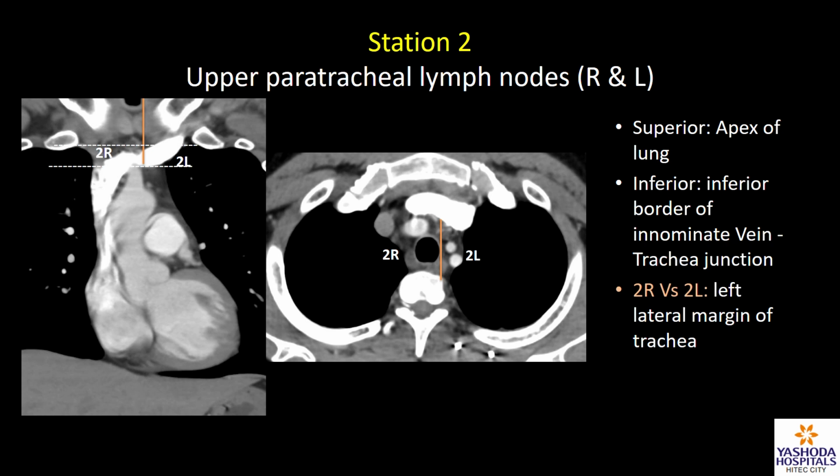The superior-most border is the apex of the lung, and inferiorly it is bordered by where the innominate vein crosses the trachea. That's the inferior border. So you have 2R on the right and 2L on the left. In the axial section, anything to the right of the left lateral wall of the trachea is the right paratracheal, and to the left is the left paratracheal.